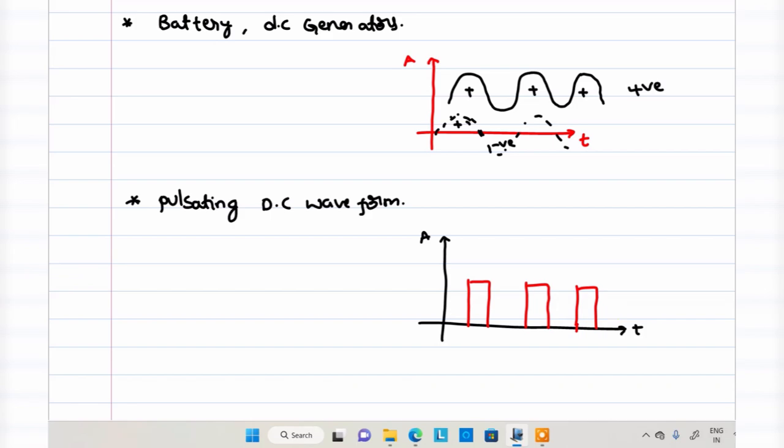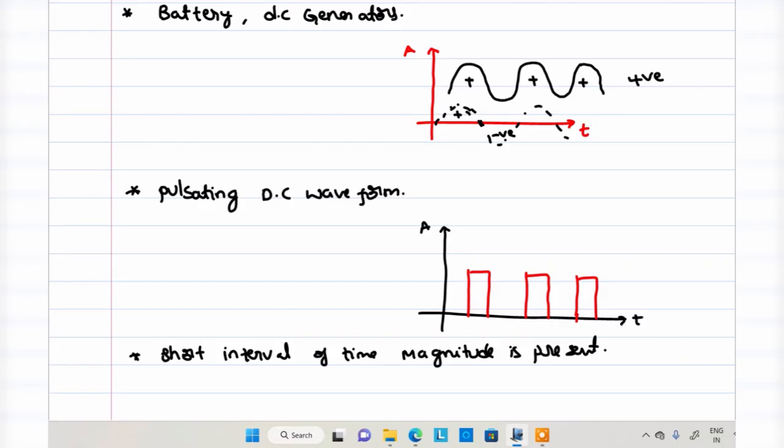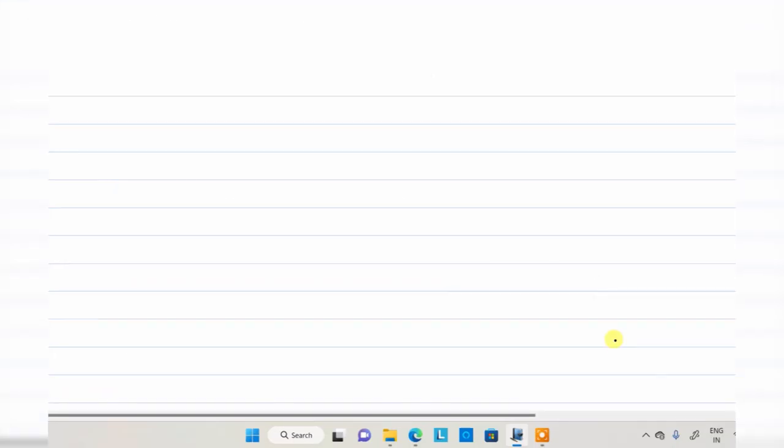That means the waveform is available for a short interval of time, and the magnitude is present only then. This waveform is nothing but a pulsating DC waveform. Okay, next.